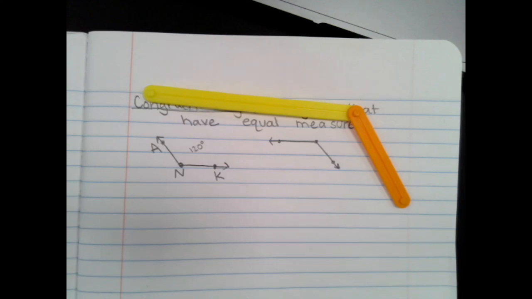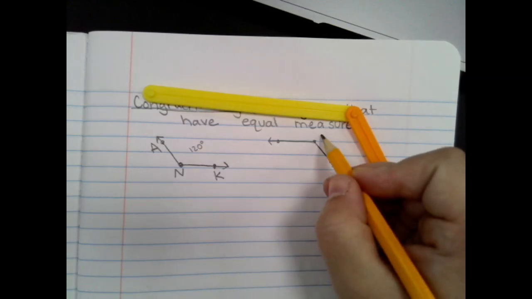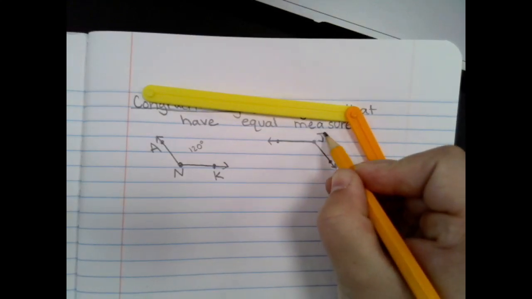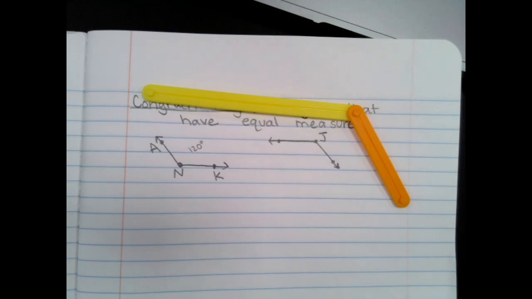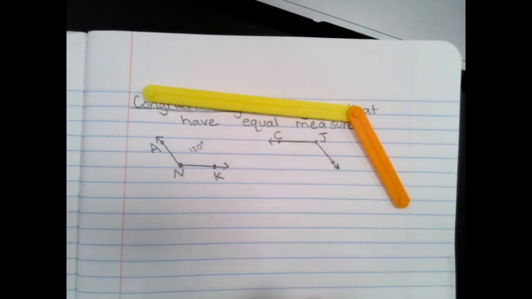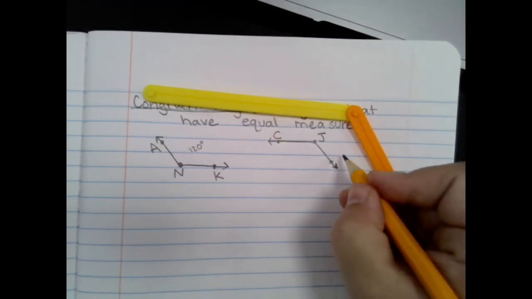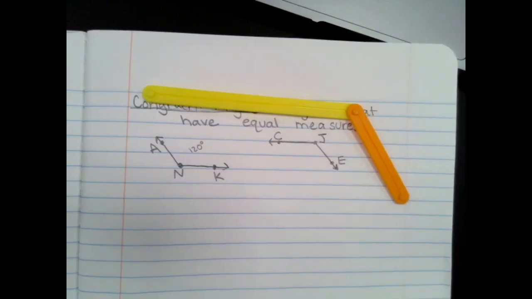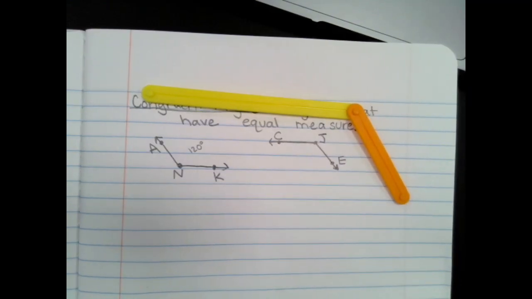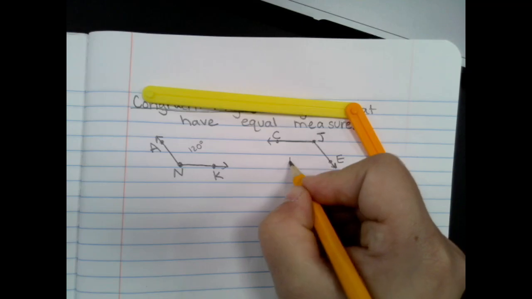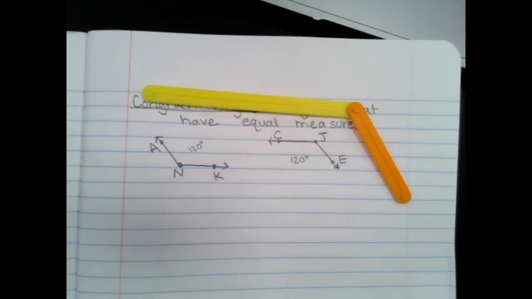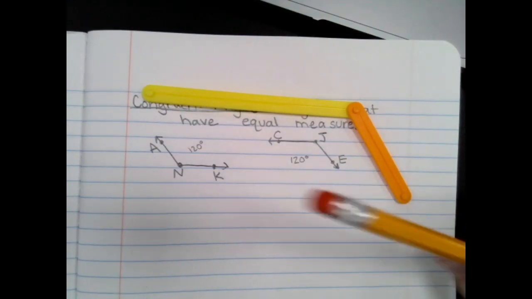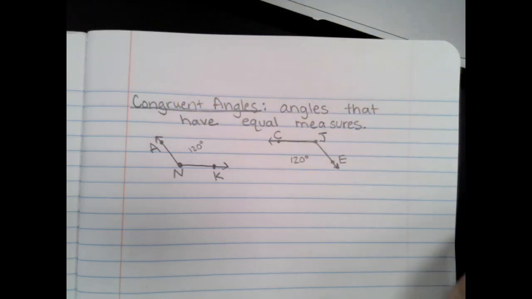This one, the vertex is going to be J. And then our other 2 points will have a C and an E. And again, that one was a 120 degrees. So we're not just copying the same angle. It's technically a different angle, but they have the same measurement.